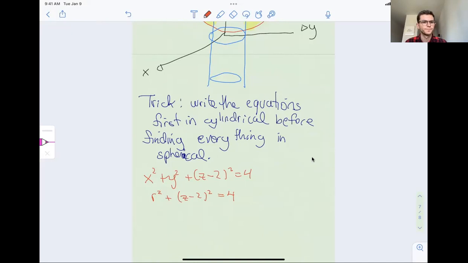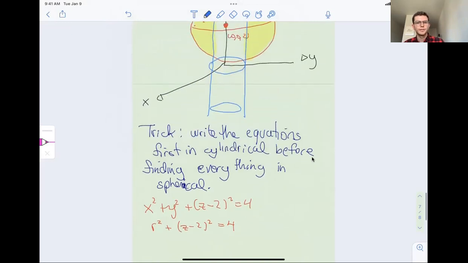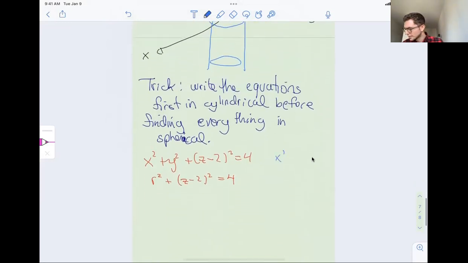Is that making sense? And the other one, the cylinder, was x squared plus y squared equals 1. And so this was r equals 1.